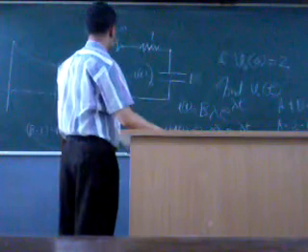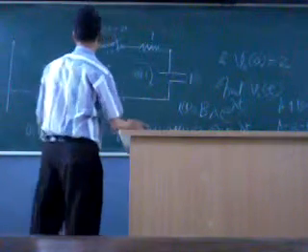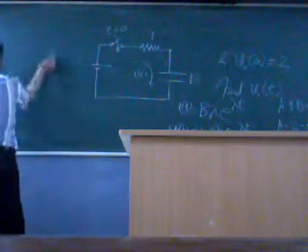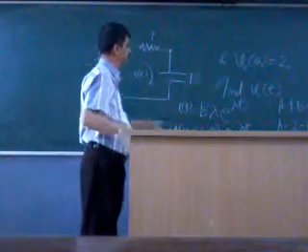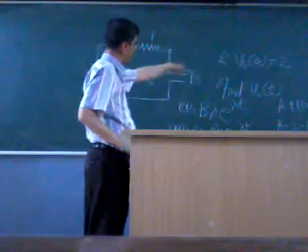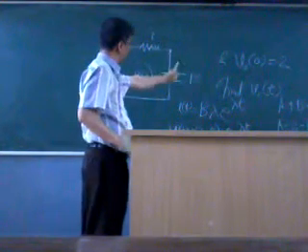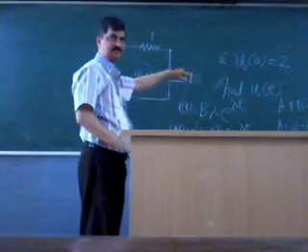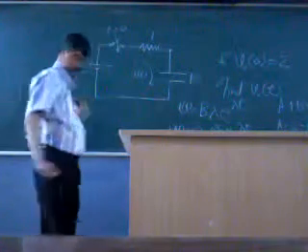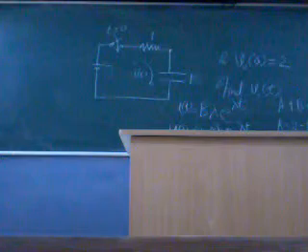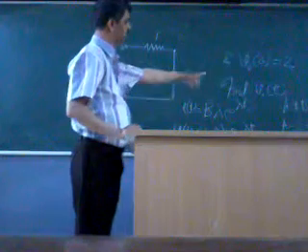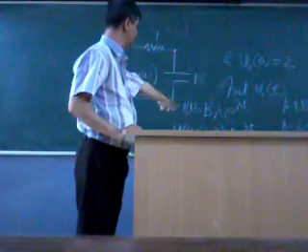Is it right or some error? A plus B voltage we have presumed A plus B e raised to lambda t. At t equal to 0, this being 2, A plus B is equal to 2. A is equal to 2 minus B, so this is VOT.